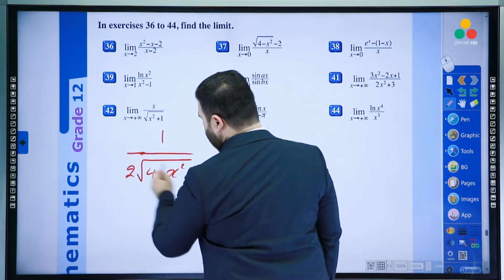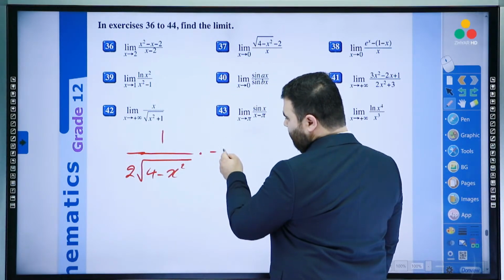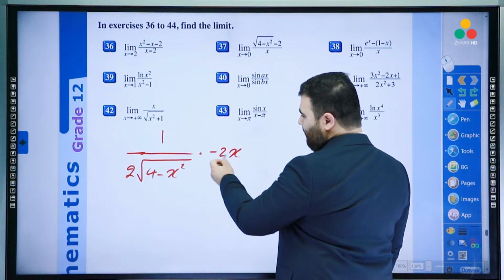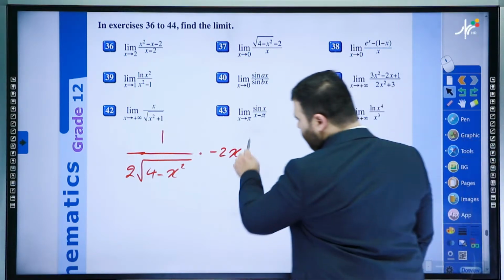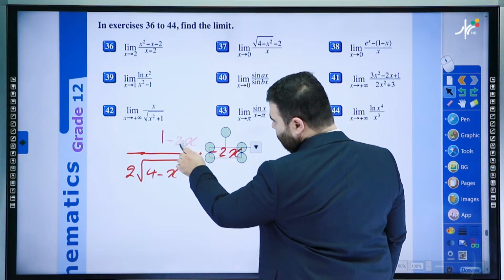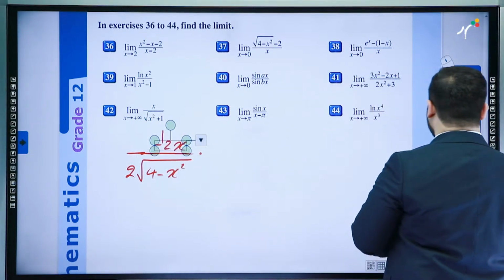Don't forget derivative of inside. Derivative of inside is negative 2x. Then this negative 2x will go up next to 1. So this is derivative of up.